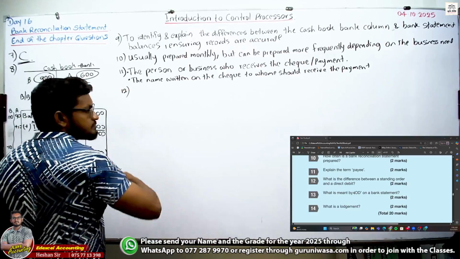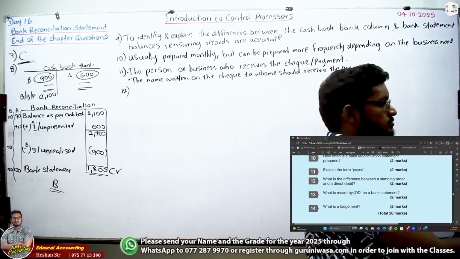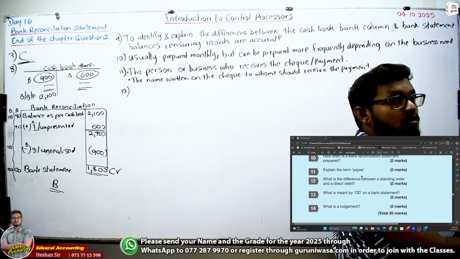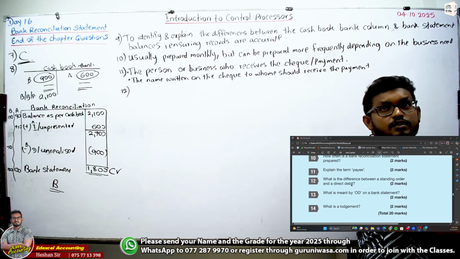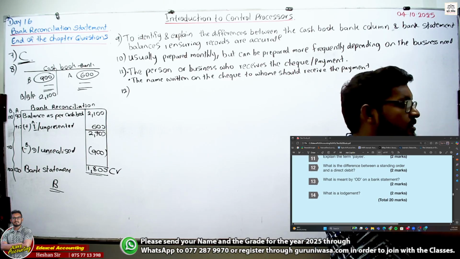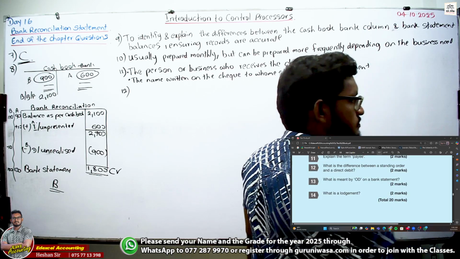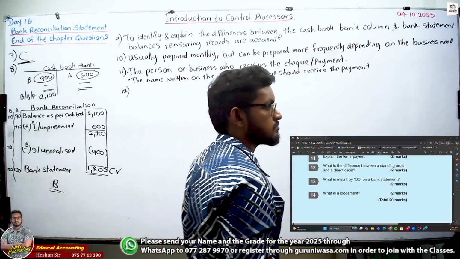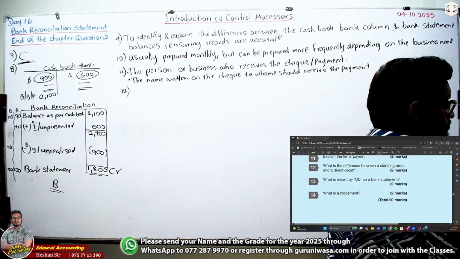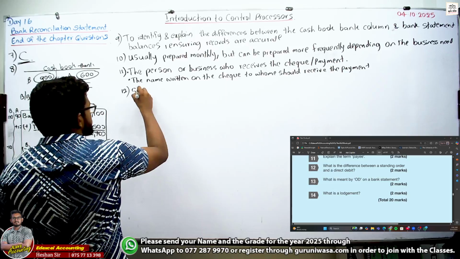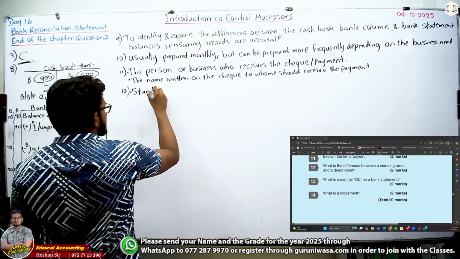Number 12. What is the difference between standing order and direct debit?